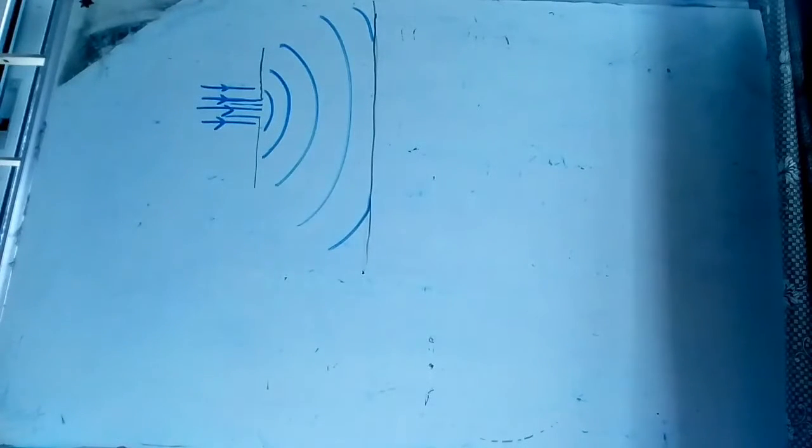Actually, when the slit is comparable to the wavelength of the light, the light gets bent, and the bending of light appears such that it is a wave.